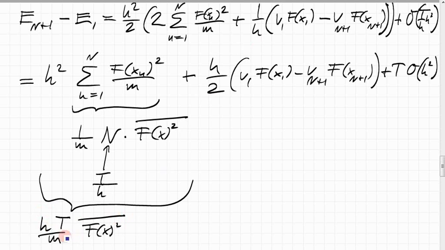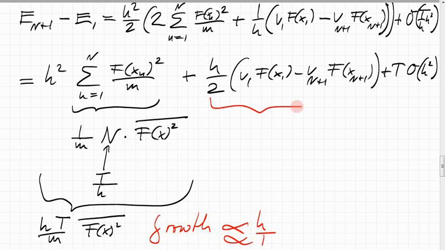In addition, it's proportional to the total time. If you simulate longer and longer periods of time, this error is going to increase. That's the phenomenon we're seeing: there's an artificial gain in energy proportional to the step size and proportional to the total time.